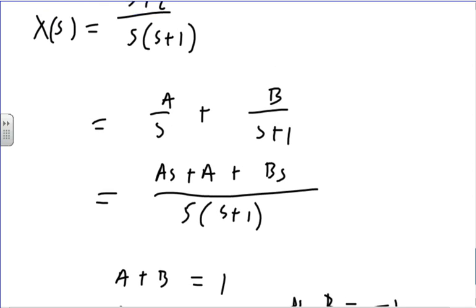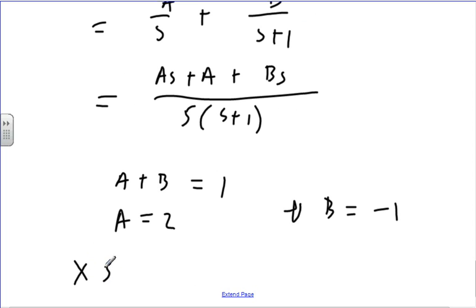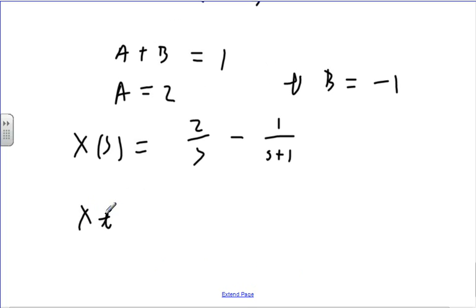So x of s equals 2 over s minus 1 over s plus 1. X of t is equal to 2 minus e to the minus t.